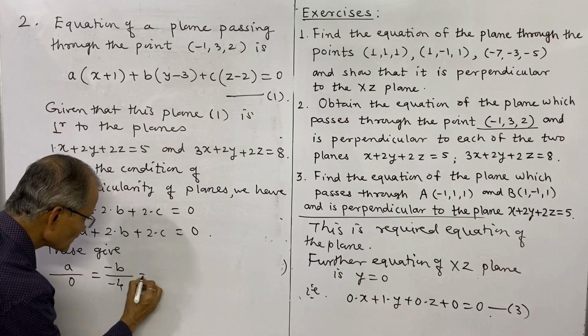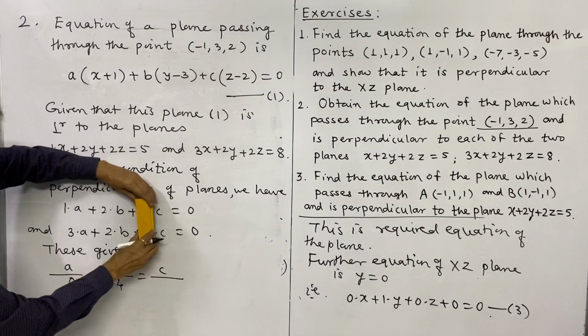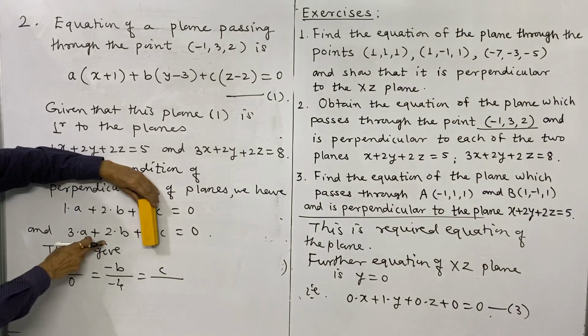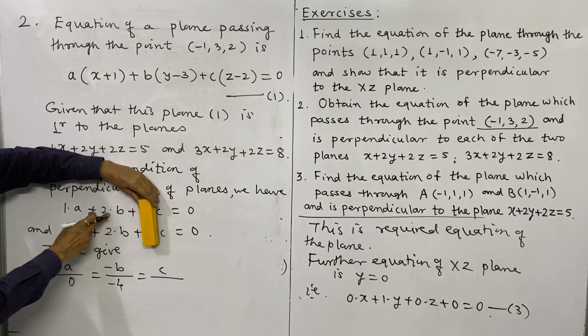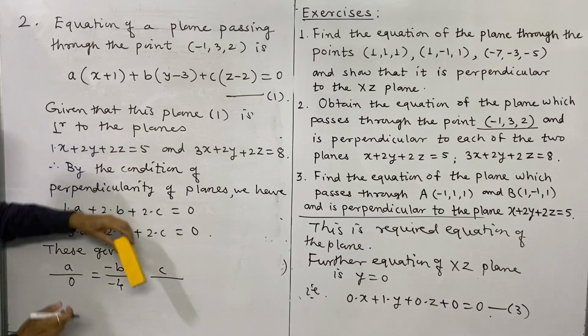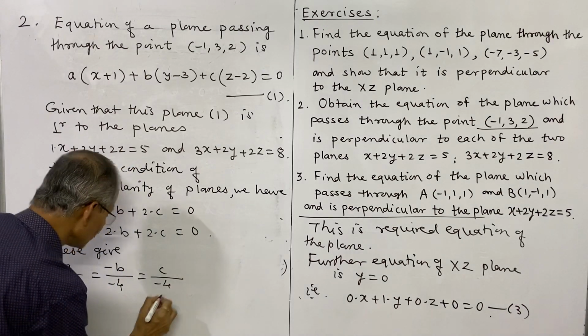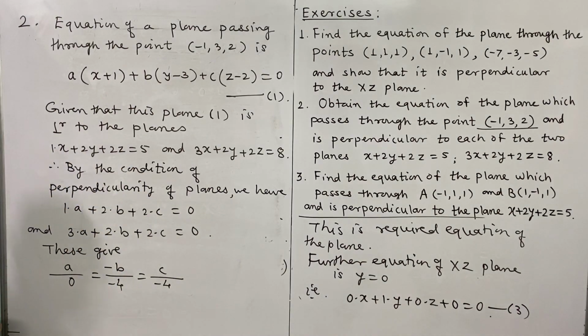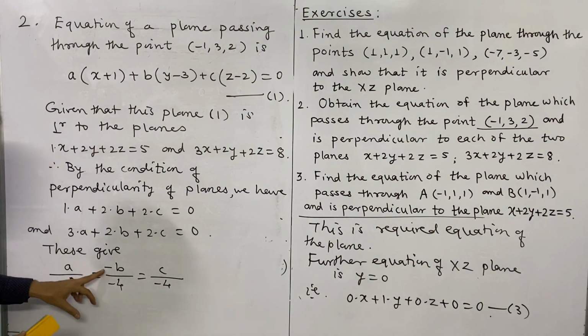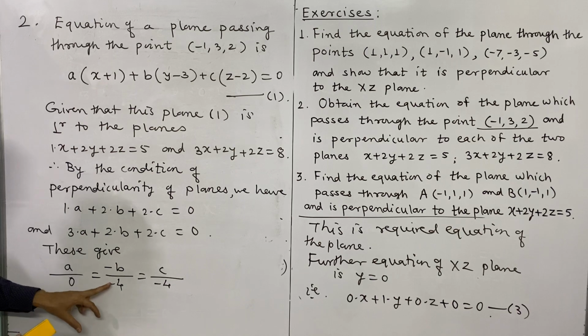And next is C divided by. C divided by, it is 1 into 2, that is 2, and 2 minus 6, again minus 4. Check this. And thus, we shift this negative sign to the denominator, it is positive, and we can divide by 4.